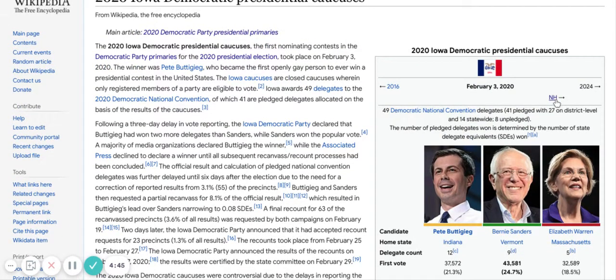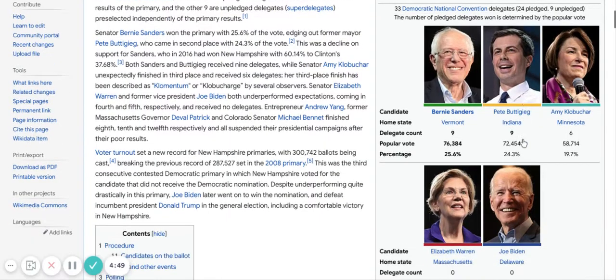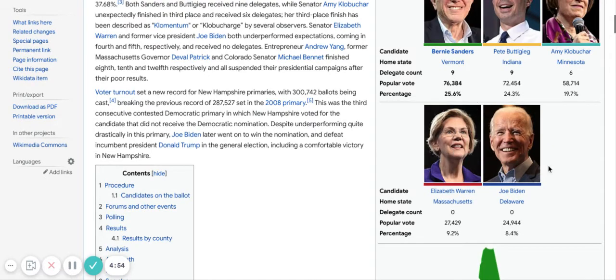We go to New Hampshire. It was good for Pete, Bernie, and Klobuchar, not good for Warren and Biden.